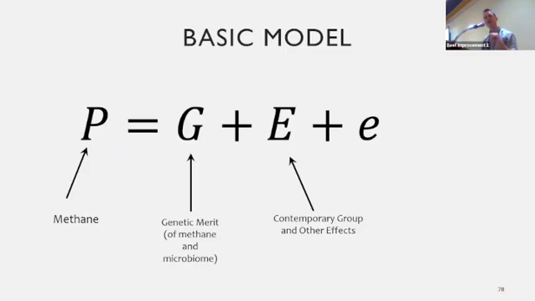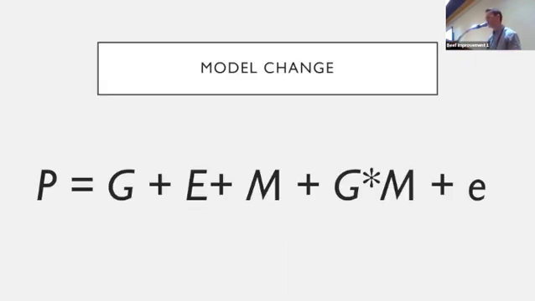We have genetic merit, but it's the genetic merit of the animal for methane, and also the genetic merit of the animal for the microbiome in its rumen. And then we have this little e, the residual, which I would contend part of it could also be the unmodeled microbiome of the animal. With that, you can think about expanding this basic model with more letters.